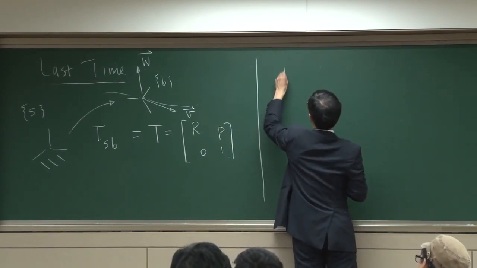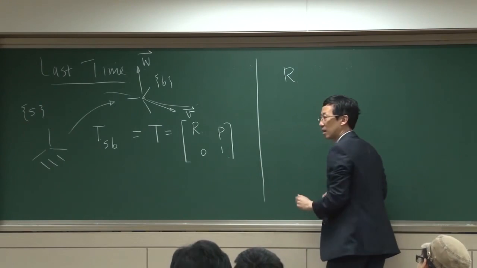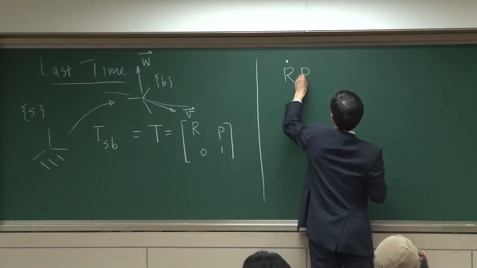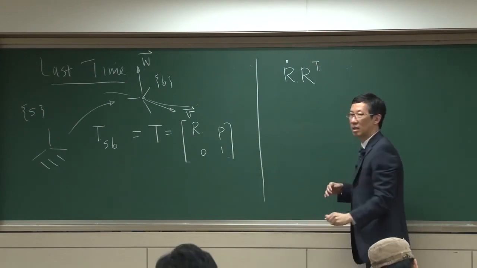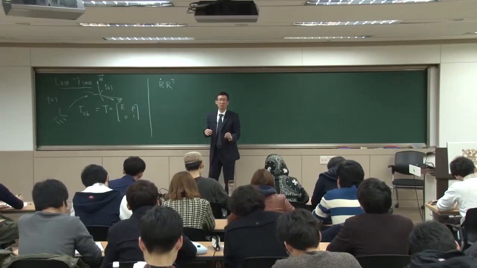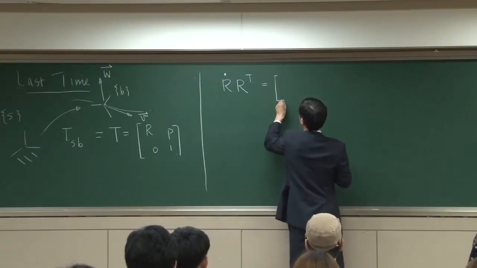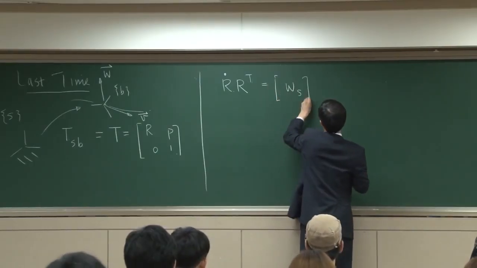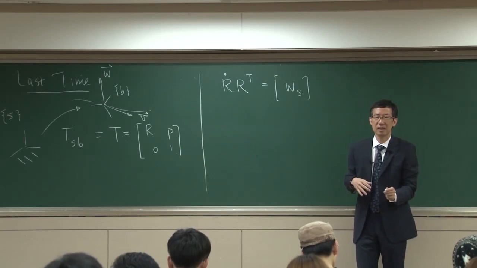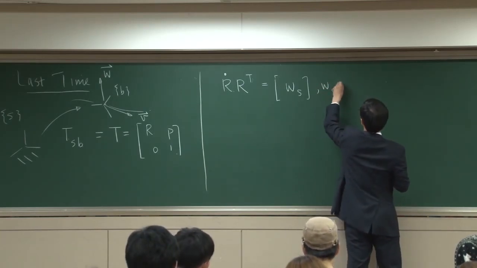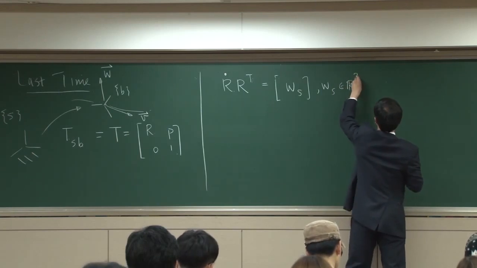First result: if we take R, take its time derivative, and multiply by the transpose, which is also its inverse, then what we get is a skew-symmetric matrix, omega s. And here, omega s is a three-dimensional vector.